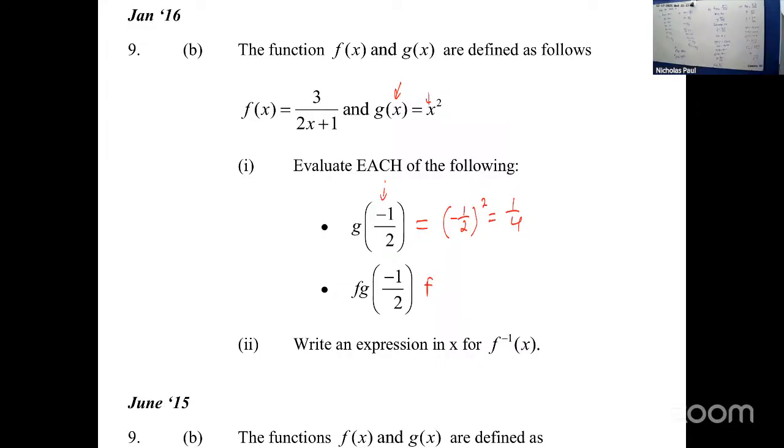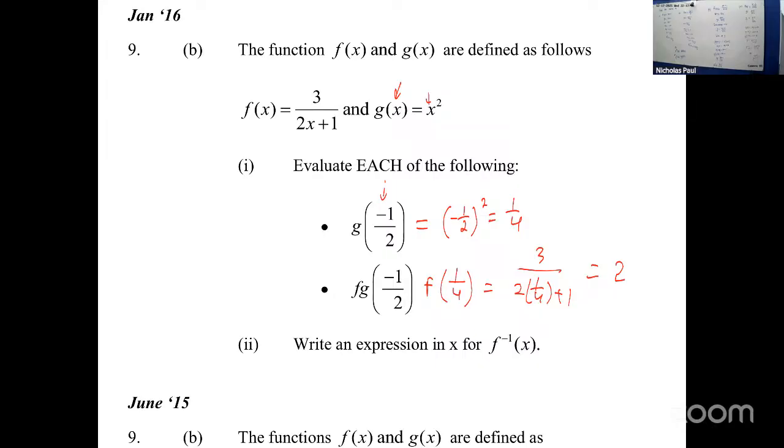We found g of minus a half, so you're really finding f of 1/4. You'll end up with 3/2 times a quarter plus 1. You can plug that straight into the calculator. I got 2 as the answer.